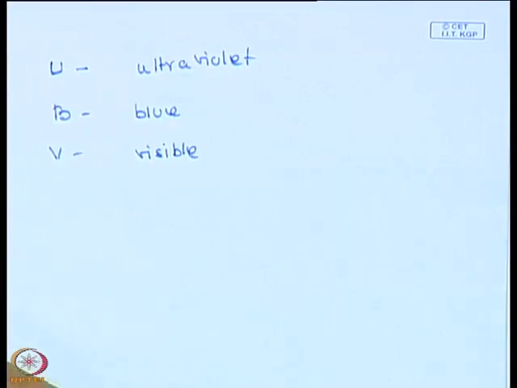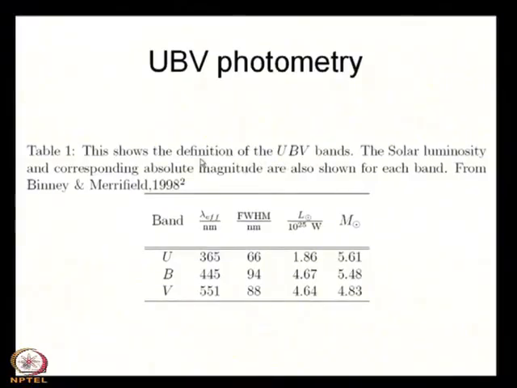Which are referred to as the UBV bands. And this table here shows you the effective wavelength corresponding to each of these bands.